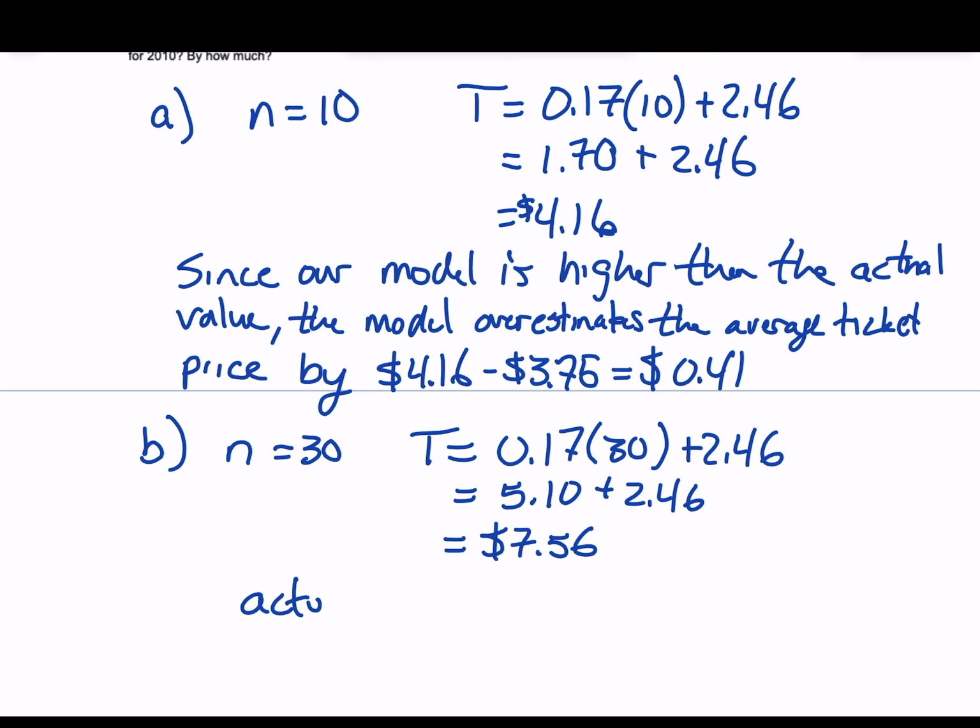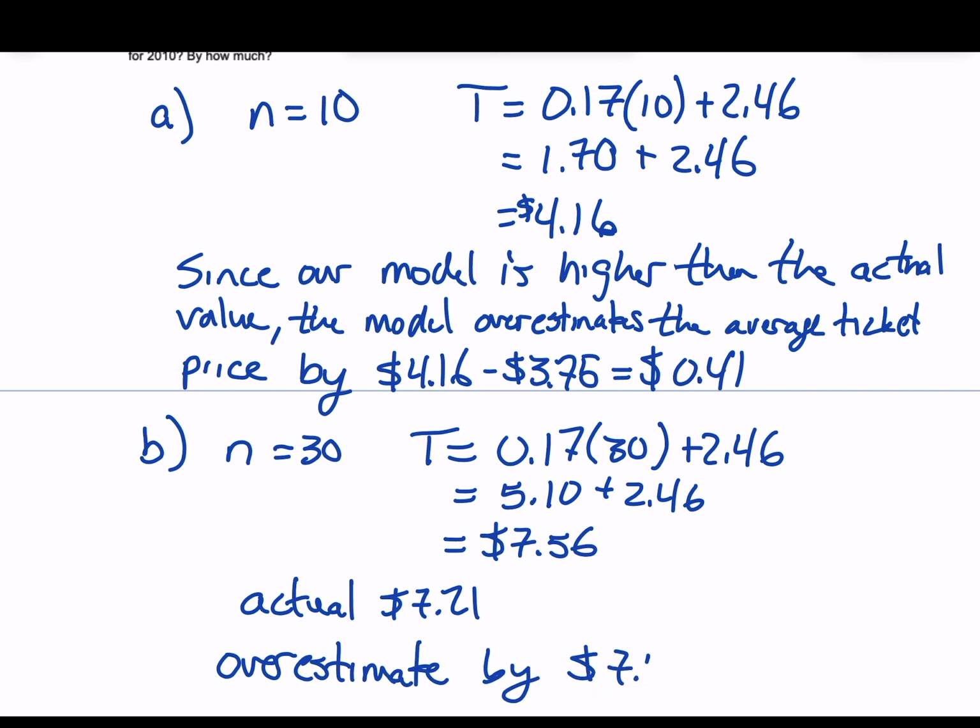So again, we overestimate, and we can subtract those, by 35 cents. So it actually is a closer estimate that far out, but it's still overestimating the average ticket price.